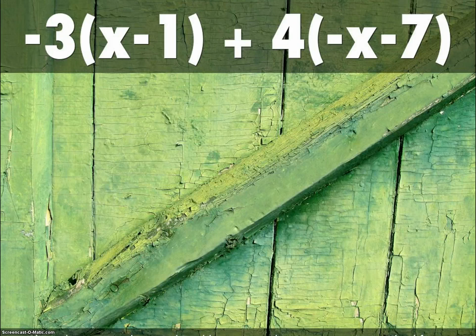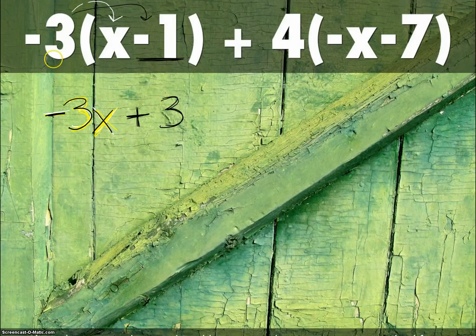Please pause the video and write this problem down. I have a negative 3 times a positive x. I get a negative 3x. Now this next one, I take the negative 3 and multiply it by a negative 1. A negative 3 times a negative 1 gets you a positive 3. So I write plus 3.